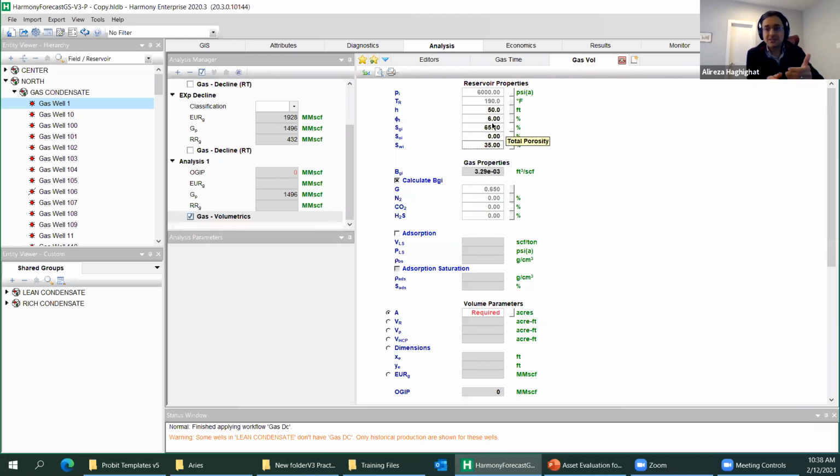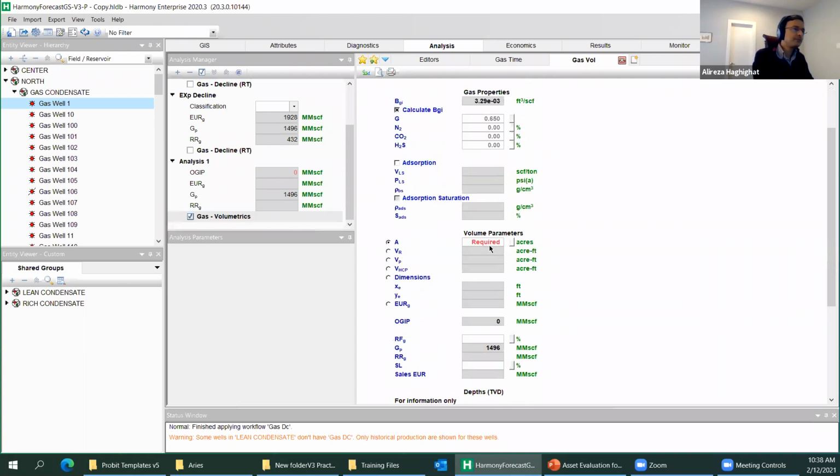So these are the parameters that you need to identify to calculate original gas in place, and then we can get some help from recovery factor. One of the most uncertain parameters in order to calculate the gas in place is the drainage area. How much area is a well draining from?